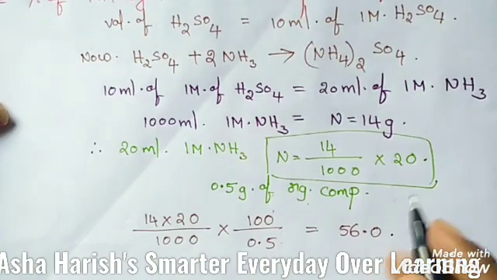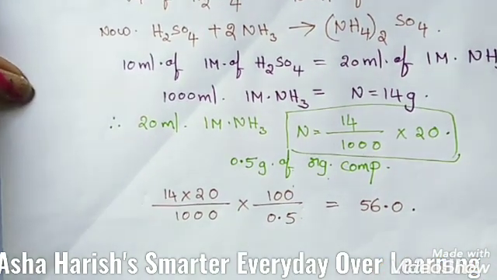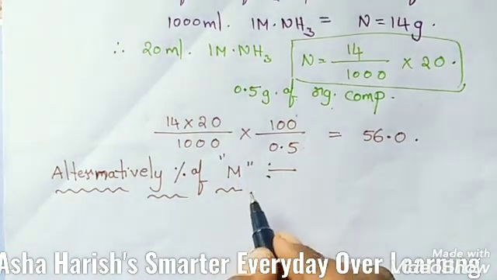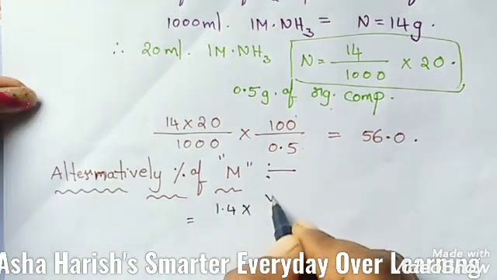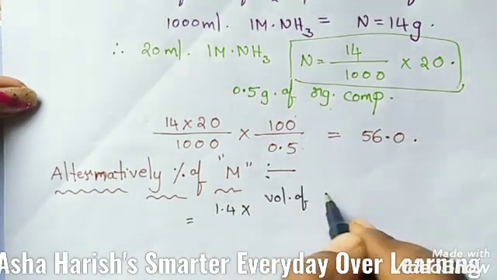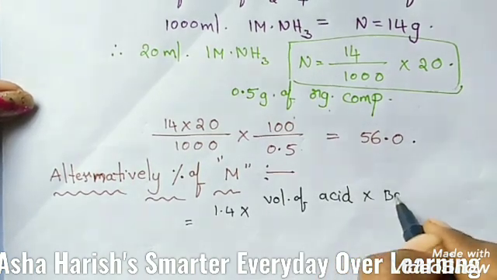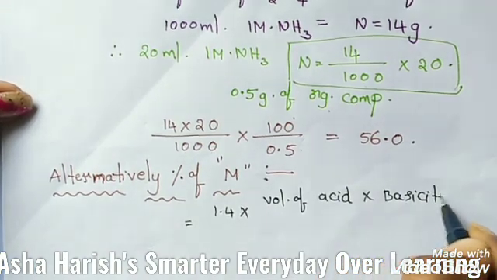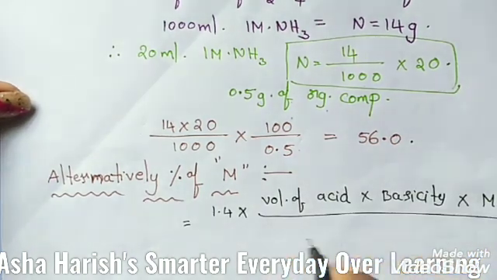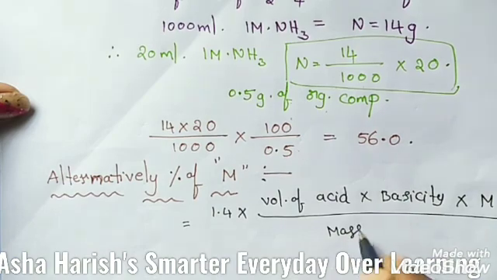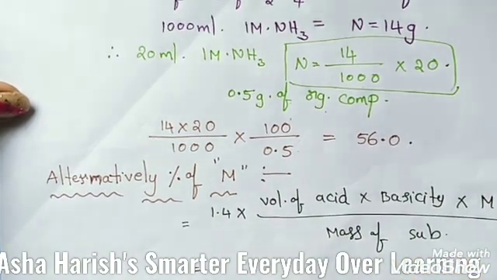Alternatively, the percentage of N is equal to 1.4 into the volume of acid we used into the basicity of the acid into the molarity of the acid, divided by the mass of the substance we have taken.